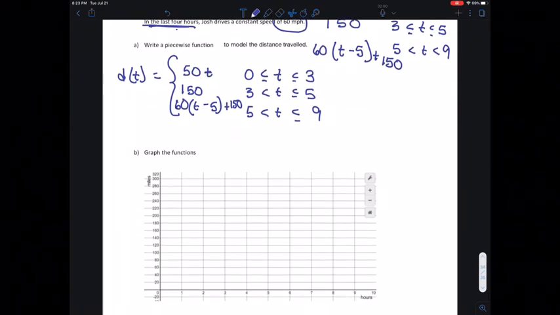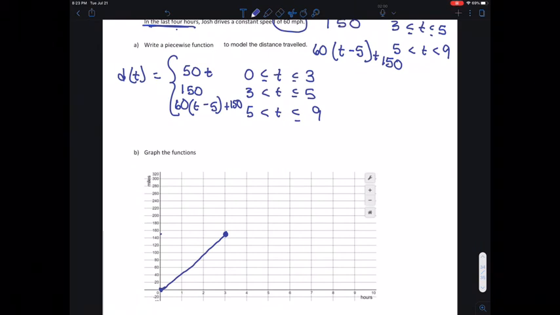Okay, so what would my graph look like? From 0 to 3, I traveled 150 miles. So my graph goes up to 150 from 0 to 3. Again, forgive me for my crooked line.